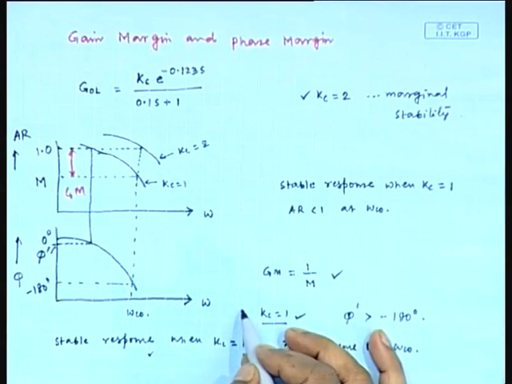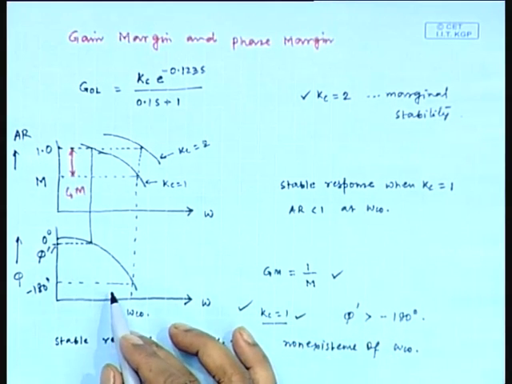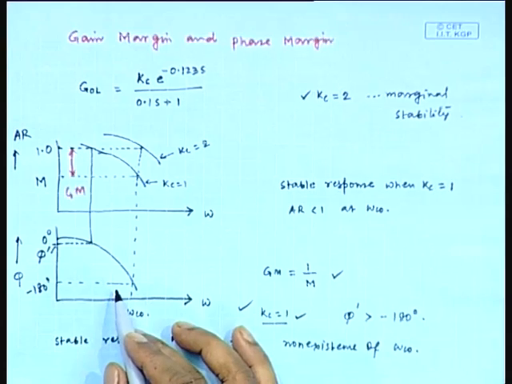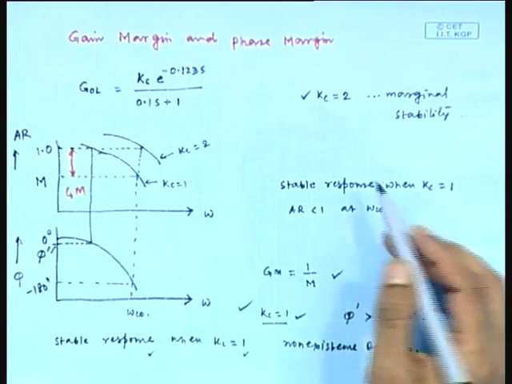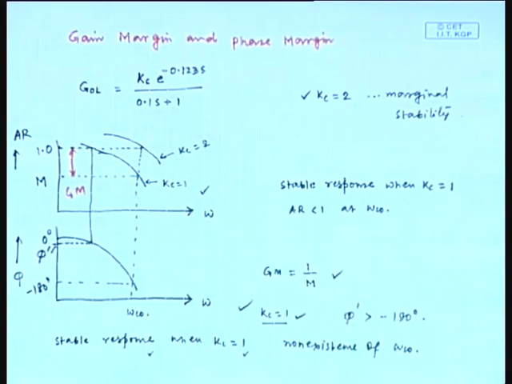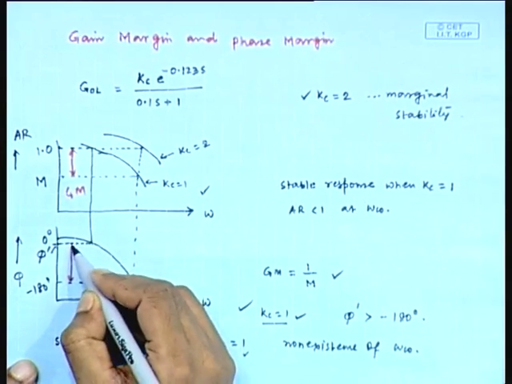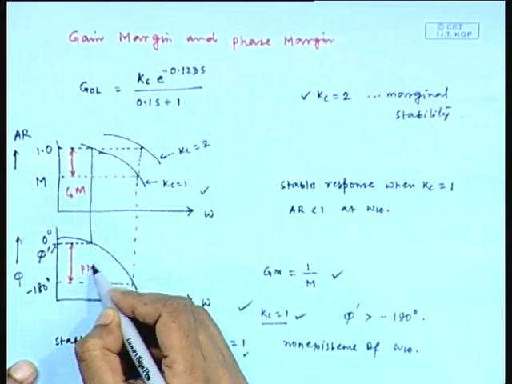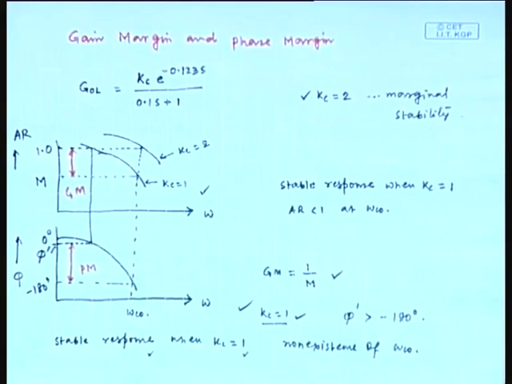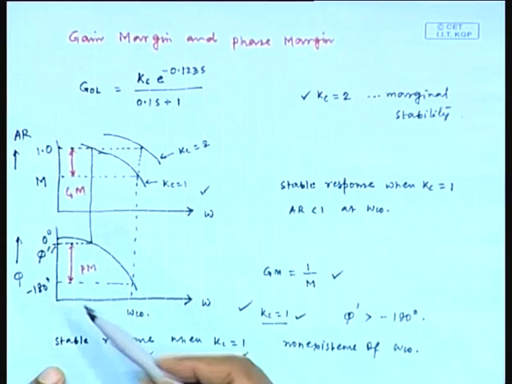See, this observation is based on this plot and the previous observation was based on this plot, and this difference is called phase margin, fine. This difference is called phase margin.